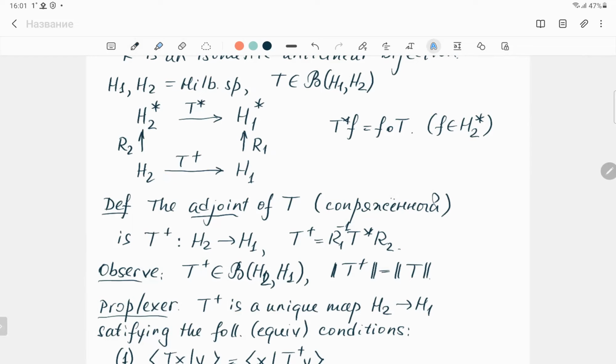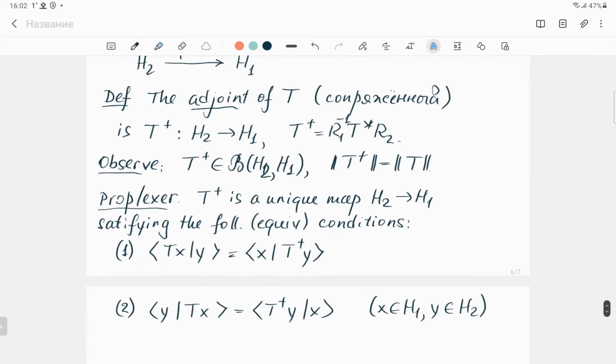Of course, I cannot claim that T plus and T star are isometrically equivalent because R1 and R2 are antilinear. Nevertheless, R1 and R2 are isometric bijections. So many properties of T star are shared by T plus. We can write a very long list. T plus is surjective if and only if T star is surjective. T plus is topologically injective if and only if T star is topologically injective, and so on.